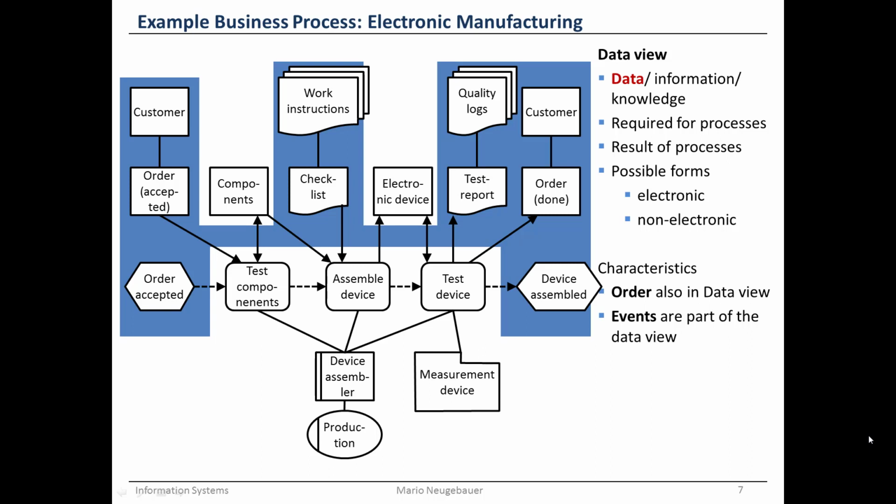And as you see also, the events are part of the data view as well, like order accepted, one of the first events which trigger the entire business process, or the device is assembled, the final event which marks somehow the end of the business process. Both events are part of the data view, because somehow you can describe these events with data.